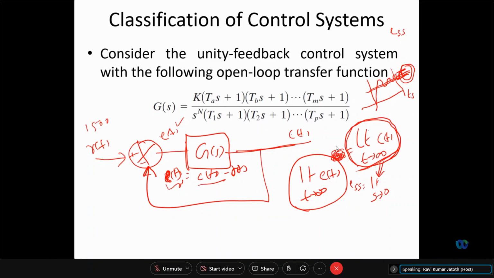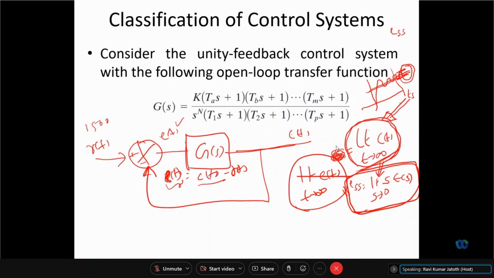Then steady state error is defined as limit s tends to 0, s E(s). To find steady state error, we apply the final value theorem of Laplace transform. Getting or not? Yes, sir. This is what is called steady state response.